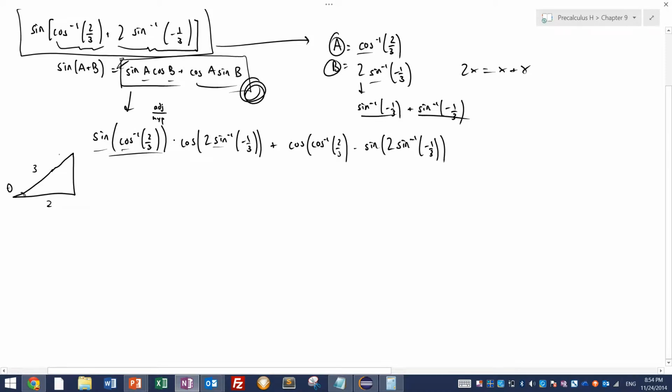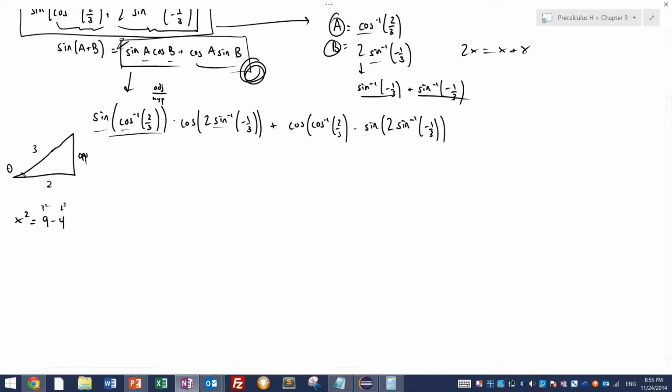Now, in order to find that in terms of sine, we need the opposite side, and that is going to be equal to x squared equals 9 minus 4, which is 3 squared and 2 squared, using the Pythagorean theorem. That's going to be root 5.